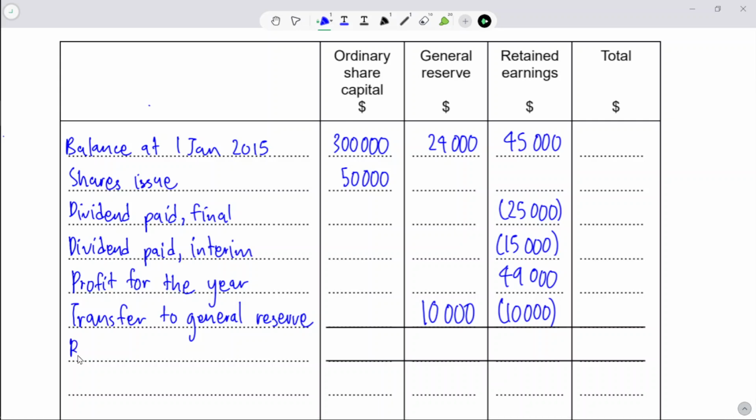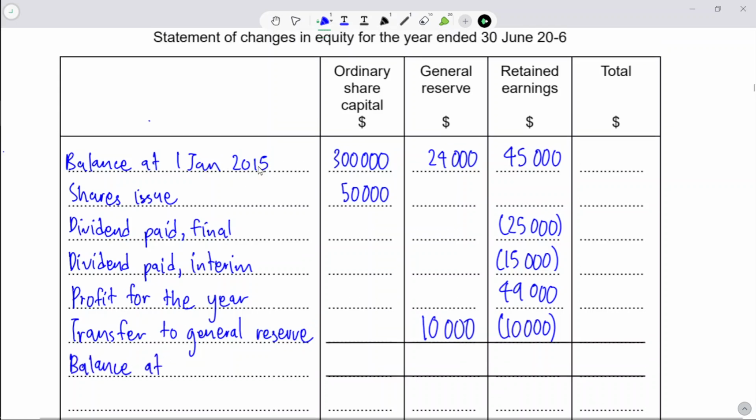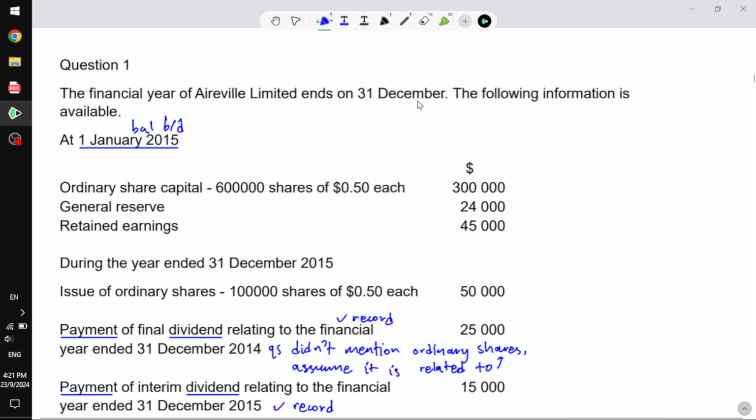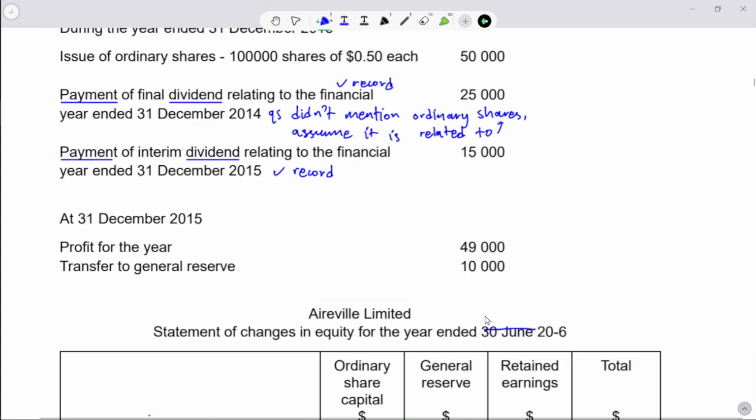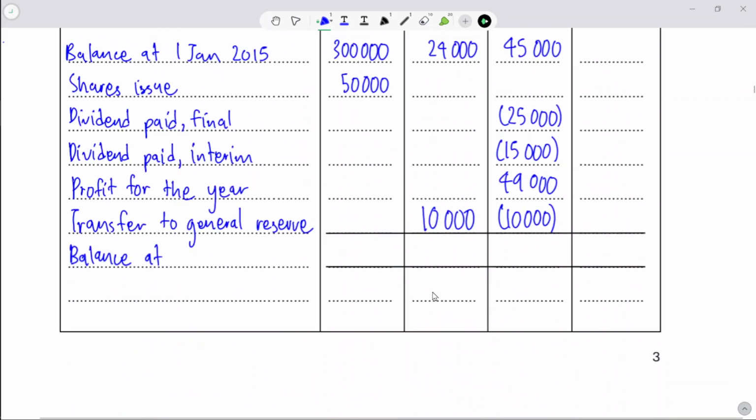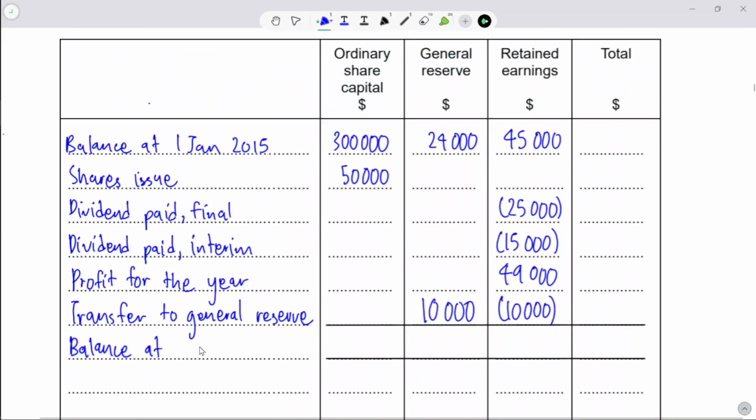It will be balanced at 31 December. Oops, I think the question has a bit of a problem. This should be balanced at 31 December 2015. Let's add it together.